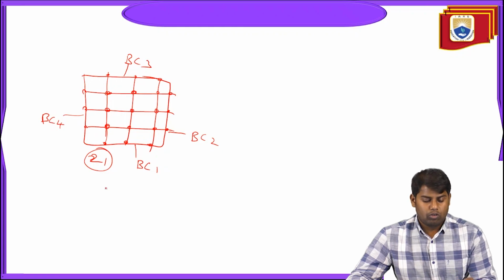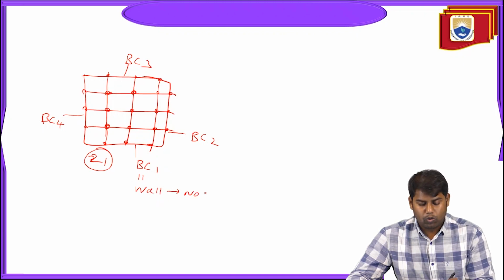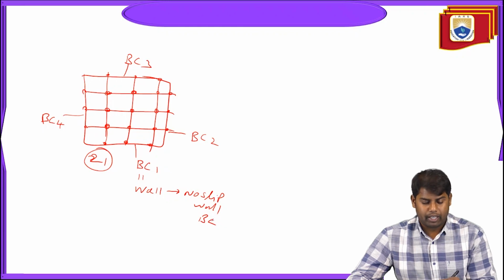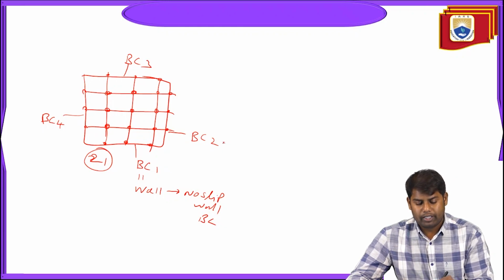Let us take the BC1 as a wall. For the wall, we will take the no slip wall BC. And for the BC2, let us take this as a pressure outlet.